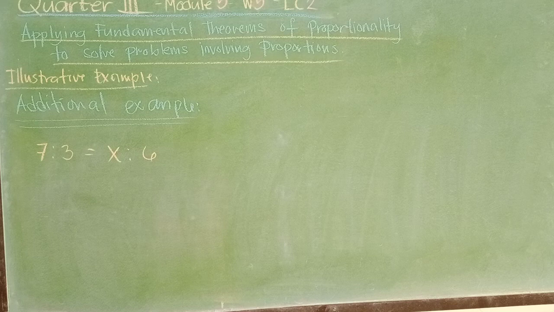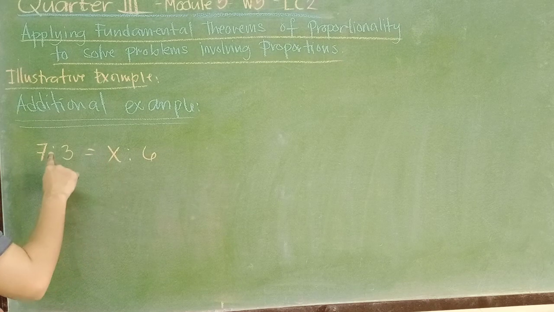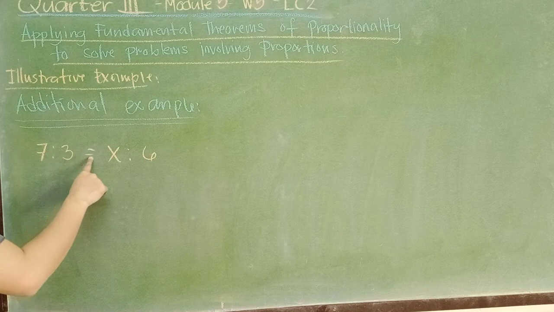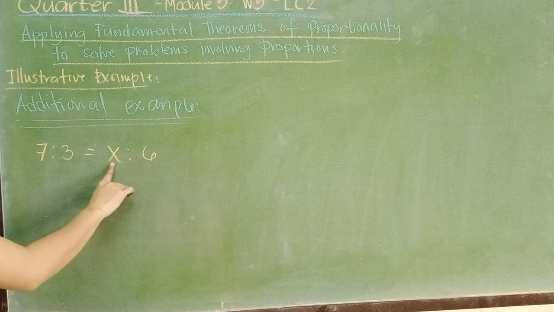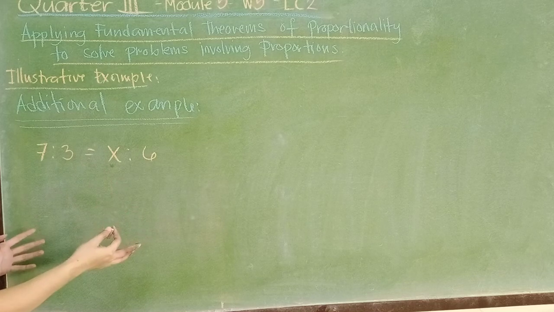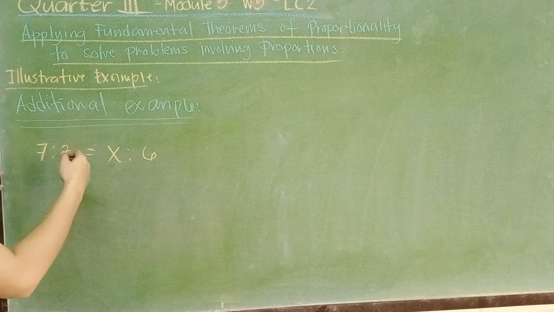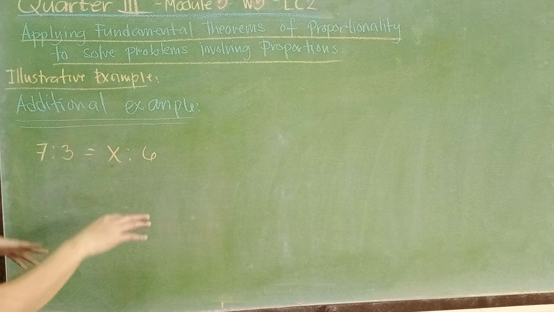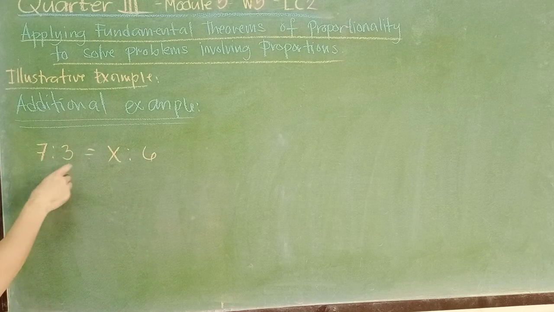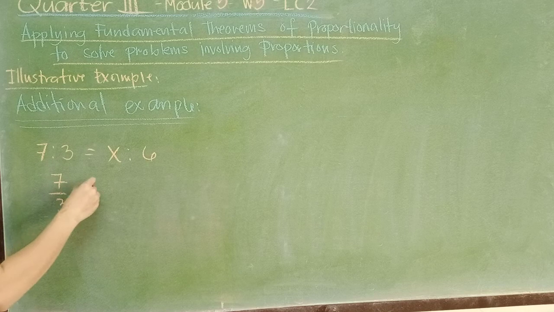So let's have additional examples. For this example, we have 7 is to 3 as x is to 6. So we are looking for the value of x. The first thing we will do is transform them from column form to fraction form. So 7 is to 3 becomes 7 over 3.